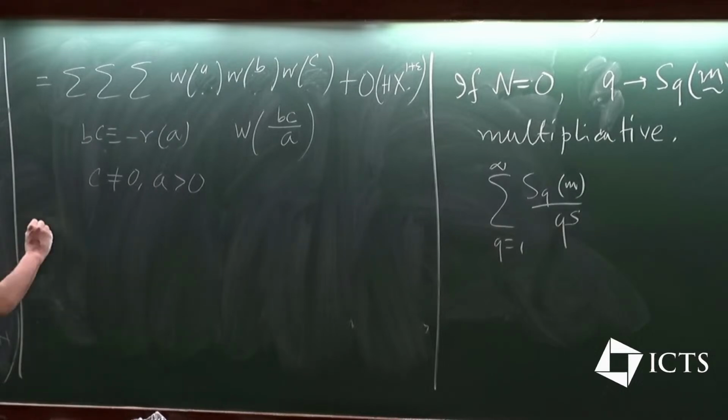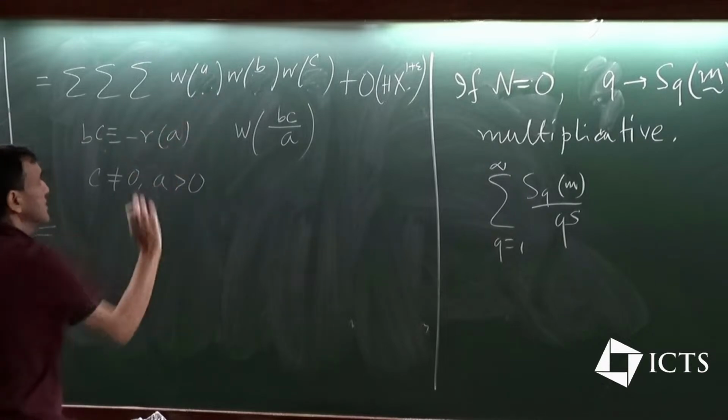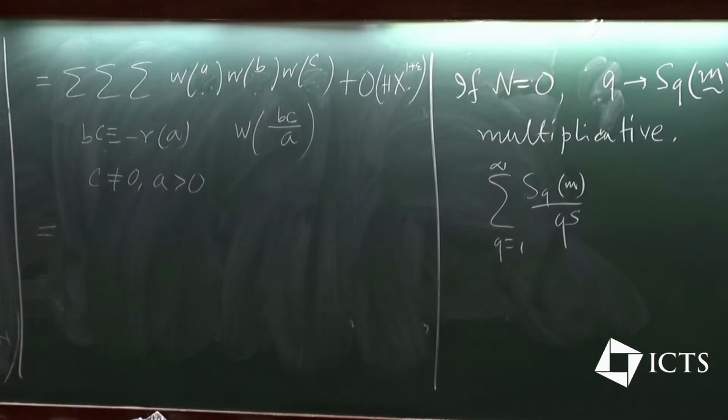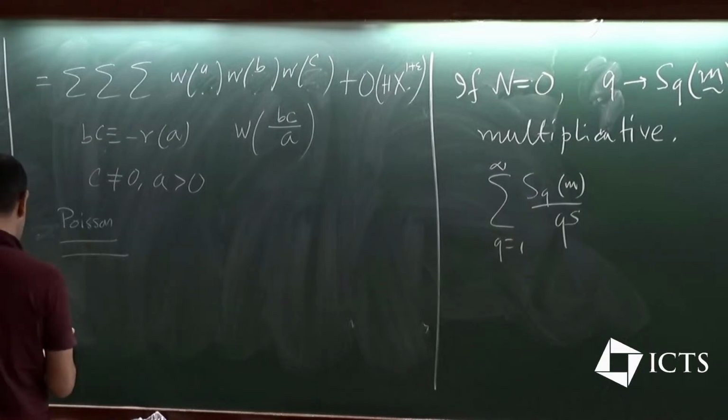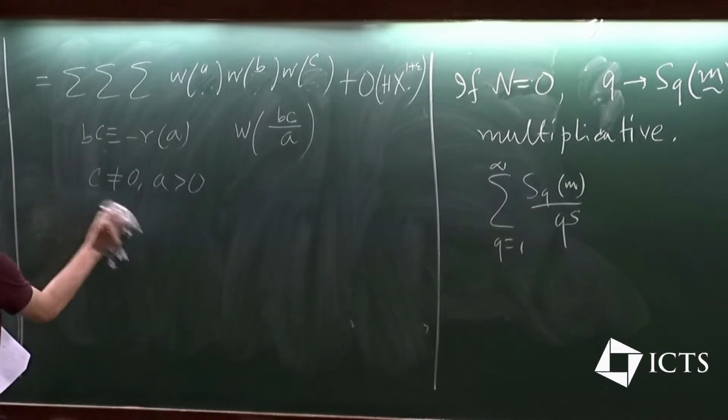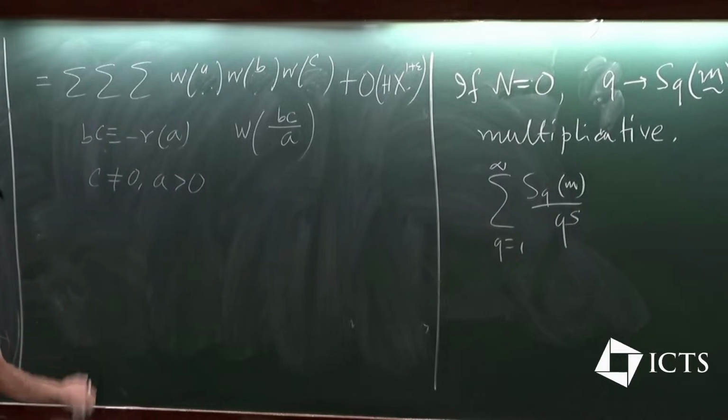Okay, and next, as you can guess, we will do Poisson summation. So if you do Poisson summation in one variable, let's say B, Poisson will give you, okay, there is one more step, but I won't write all the details.